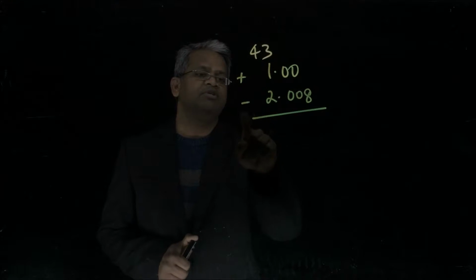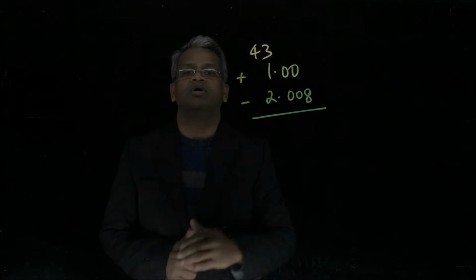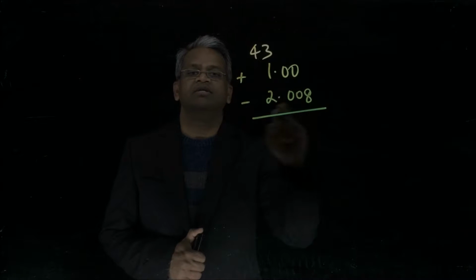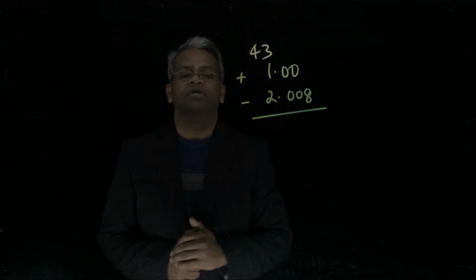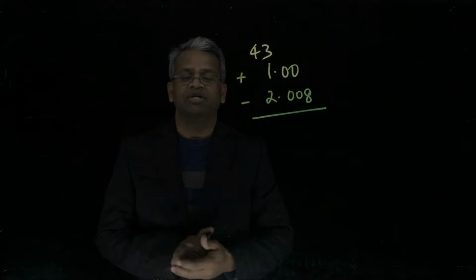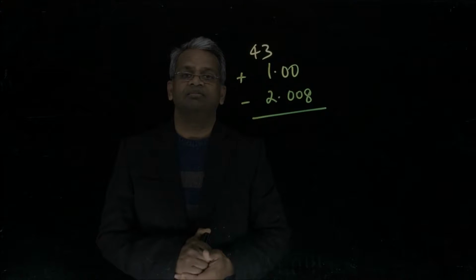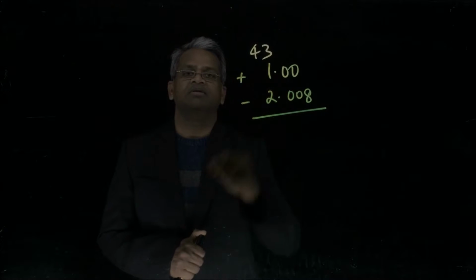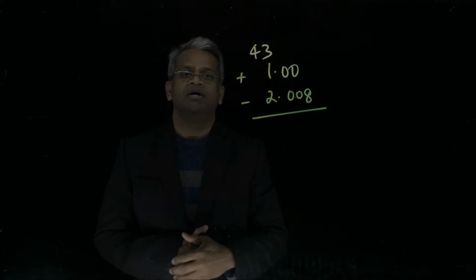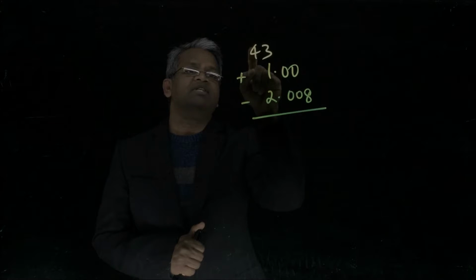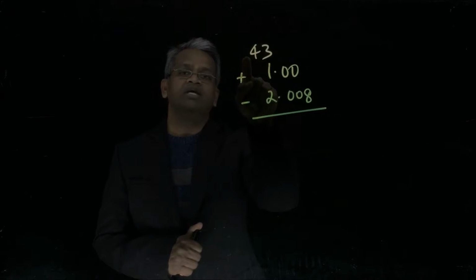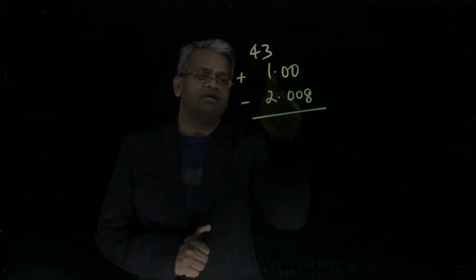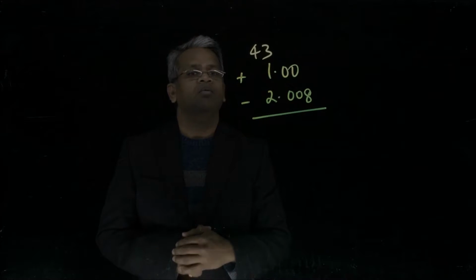And in the third measurement, which needs to be subtracted from the total of the other two, this is the uncertain digit. When we have three different uncertainties, which one is going to determine the significant figure of the result of these mathematical operations? This one is going to determine the significant figure of the final result. Why?